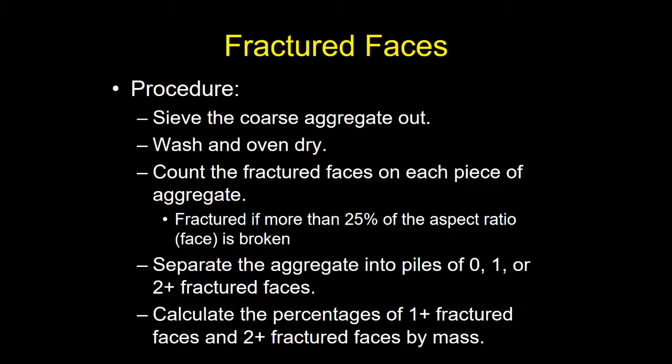If it's just a small, tiny nick that's on it, you don't really want to count that. And then you separate it into piles of 0, 1, or 2 plus. So it can have more than 2 faces that are fractured, but we don't want to do any additional piles. And then you calculate the percentages of 1 or more fractured faces and 2 or more. And I'll show you that later when we look at the data.